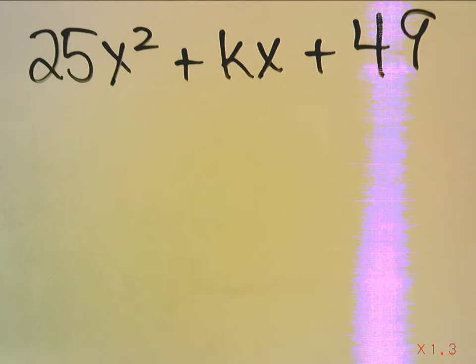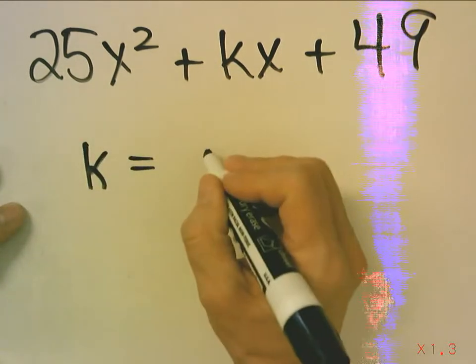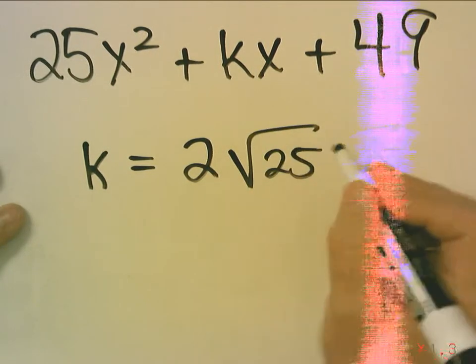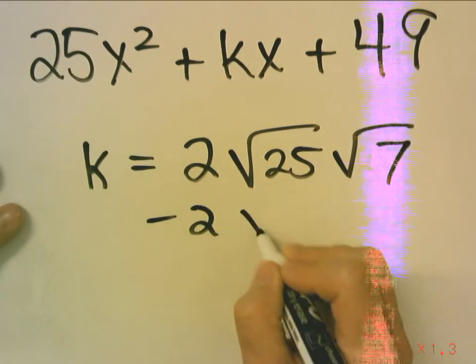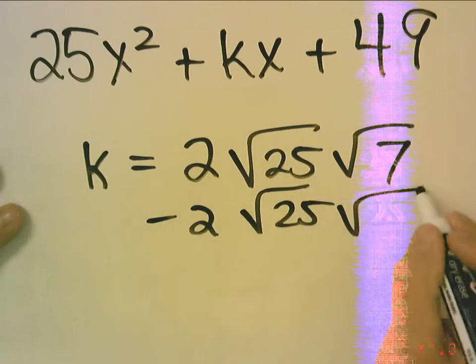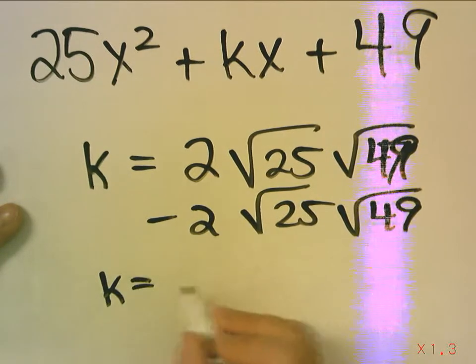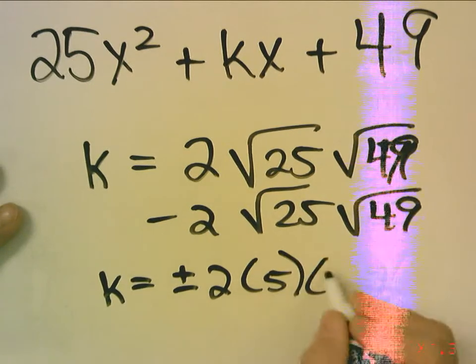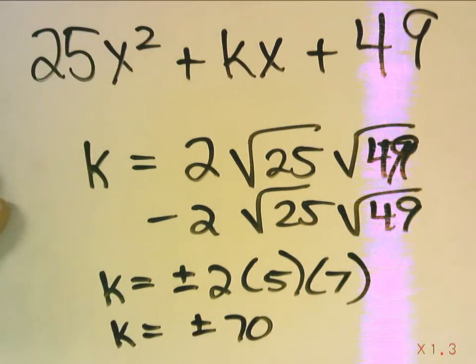Okay, so I know this term, k, must equal 2 times the square root of the first times the square root of the last, or negative 2 times the square root of the first times the square root of the last. So k would either equal plus or minus 2 times 5 times 7, so k would equal plus or minus 70, because that middle term could be positive or negative.